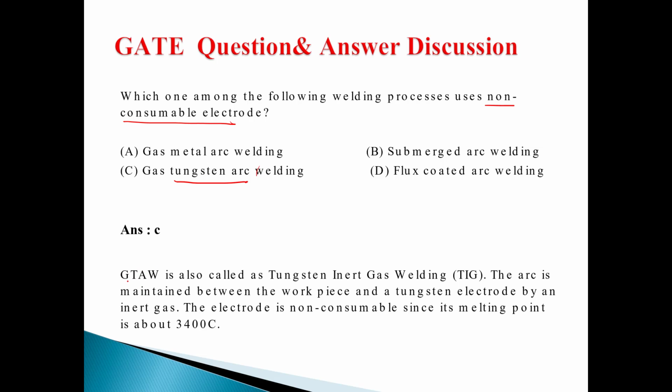Gas tungsten arc welding is also called tungsten inert gas welding, TIG. The arc is maintained between the workpiece and the tungsten electrode by an inert gas. The electrode is non-consumable since its melting point is about 3400 degrees Celsius. That's why it is the non-consumable electrode. So option is C.